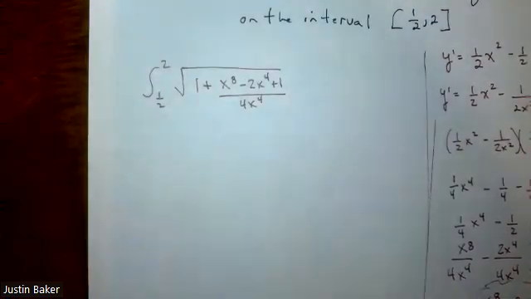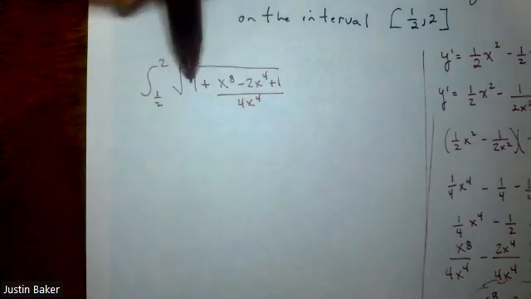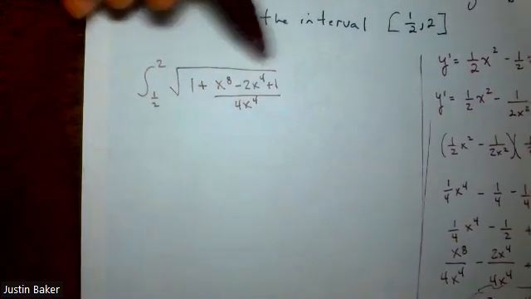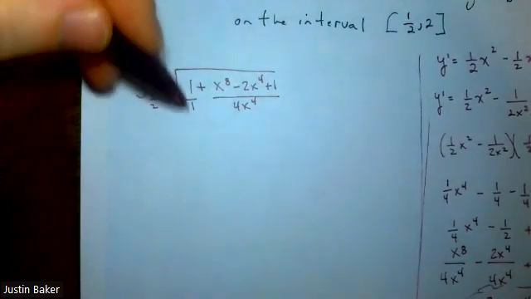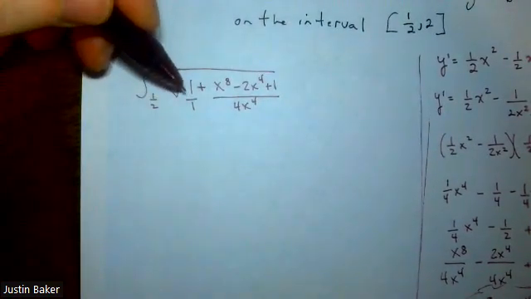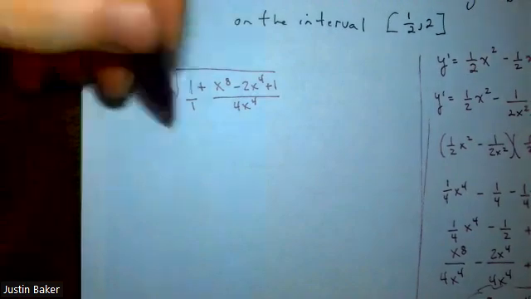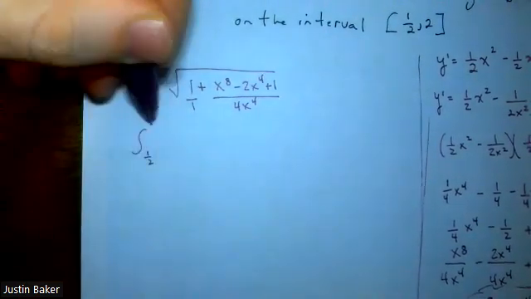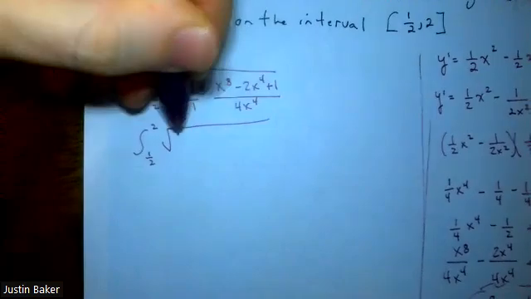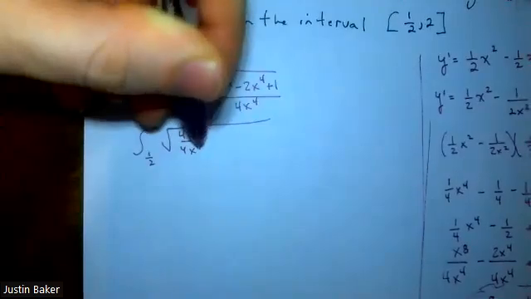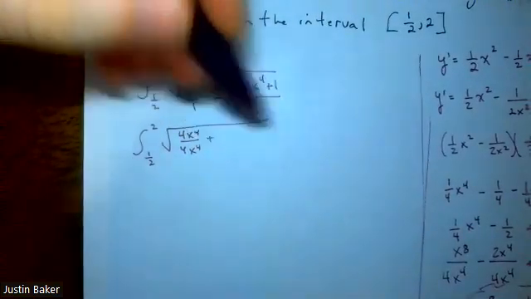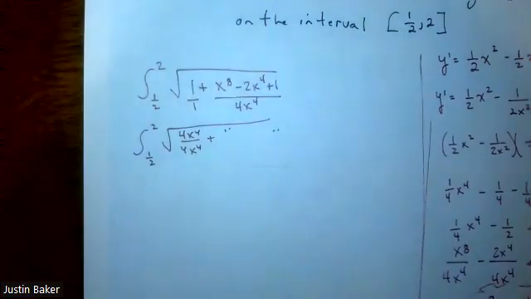All right, so our next step is going to be to get these combined. So if I give this a common denominator, think of this as 1 over 1. We need to make this 4x to the 4, which makes this 4x to the 4. So if I turn that into 4x to the 4 over 4x to the 4, we can then add that to what's over there.